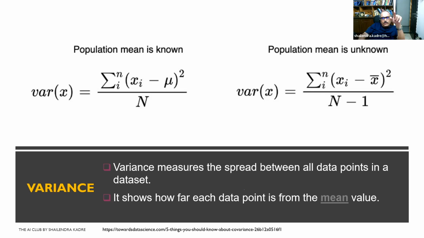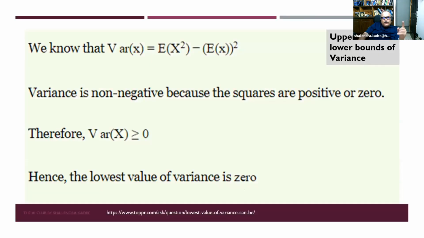A square will be either 0 or some positive number. So your variance and standard deviation can be 0, but can never be negative. It will be a positive number or 0. So variance of x will always be greater than or equal to 0. That is the thing to be remembered.